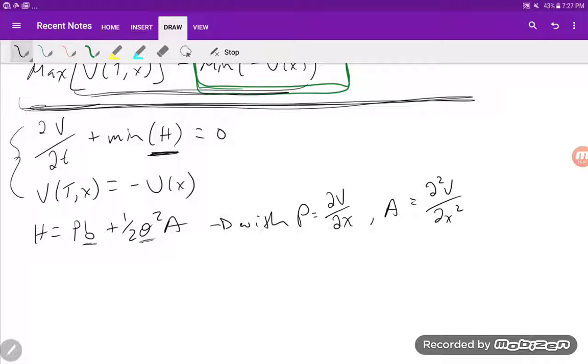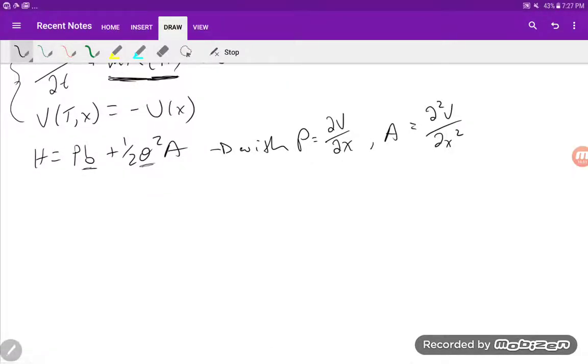So let's plug those in. Remember, we're minimizing the Hamiltonian here. So we're going to have the minimum, or you can think of it as infimum, of p times our B term from before, which was x. I'm going to drop any dependencies, like instead of x of t, just to simplify moving forward.